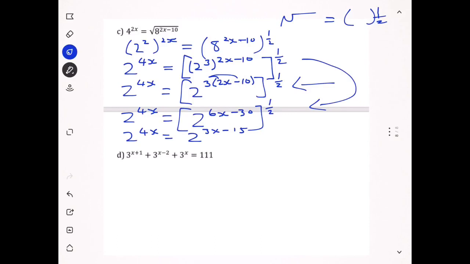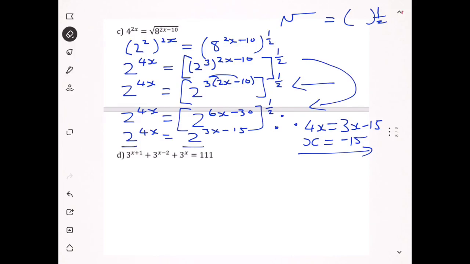Our bases are now the same on both sides and they are prime numbers. Therefore we can now equate the exponents. 4x equals 3x minus 15. x is equal to minus 15. And that's your answer. Let's move on to our final example.